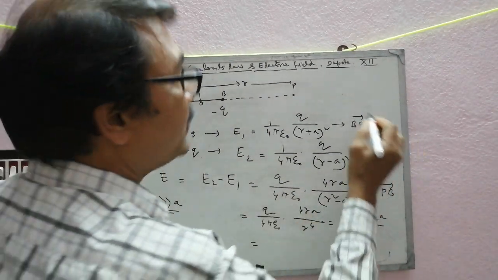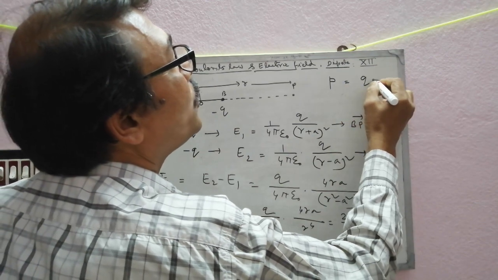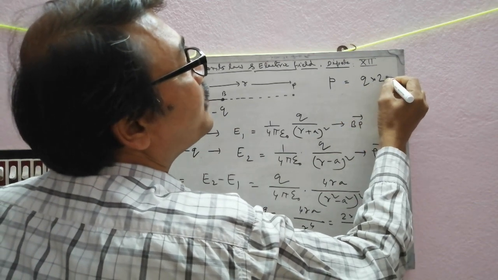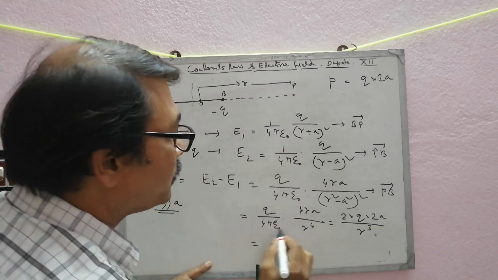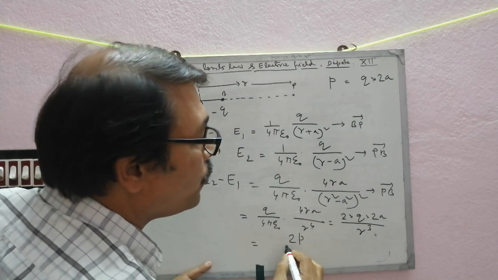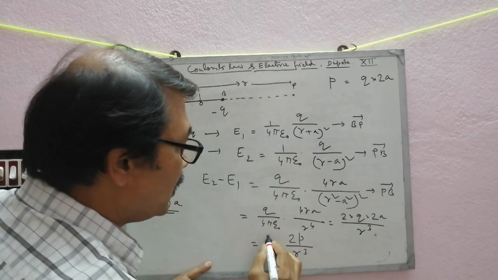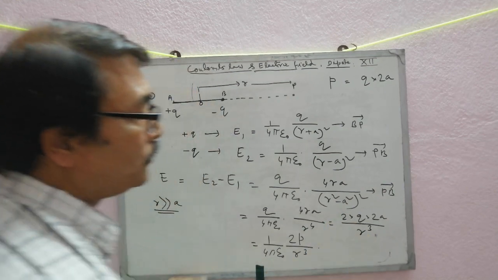Initially, I discussed that the dipole moment P is equal to Q into the distance between the two charges. So 2 into the moment, 2P by R cube, with 4 pi epsilon naught.